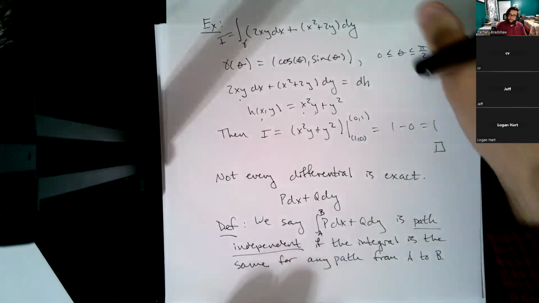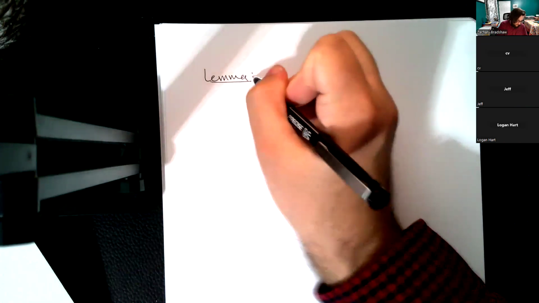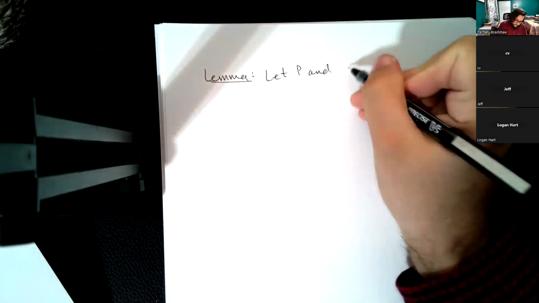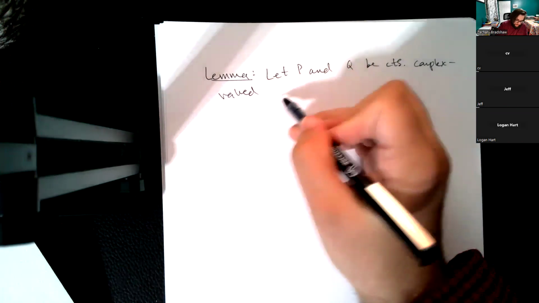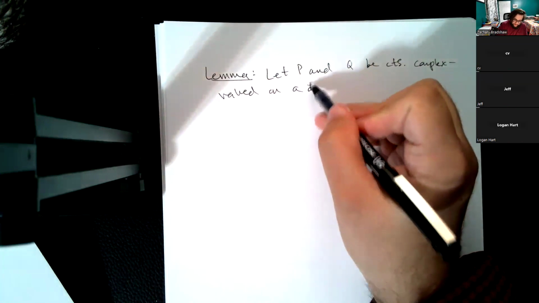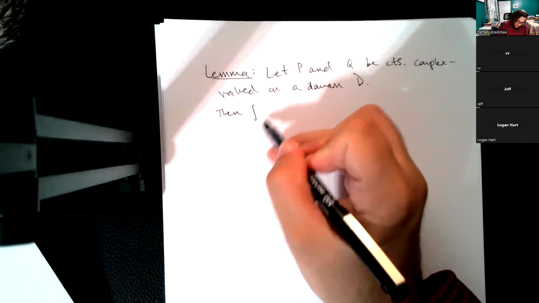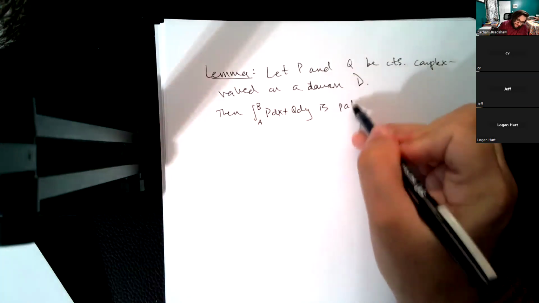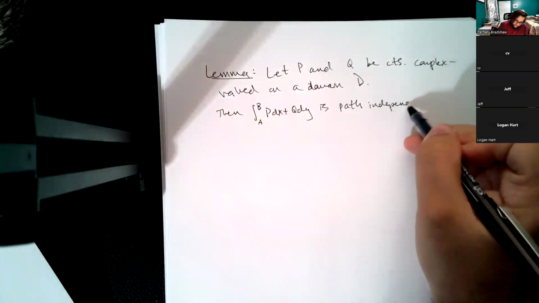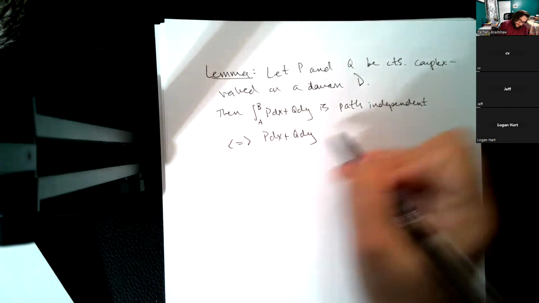Okay. Here's a lemma. Let P and Q be, so the usual thing, continuous, complex valued, on a domain D. Then the integral from A to B of P dx plus Q dy is path independent if and only if the differential is exact.